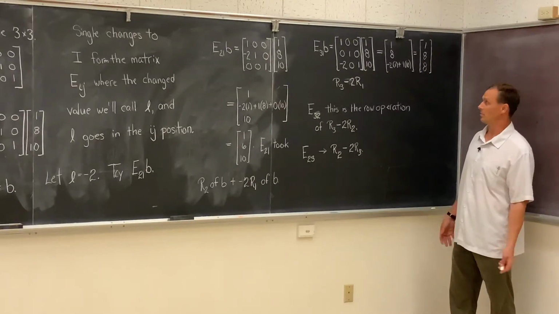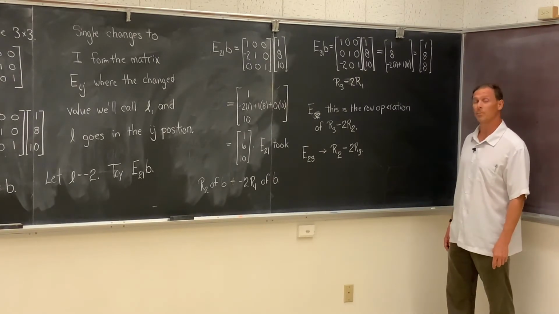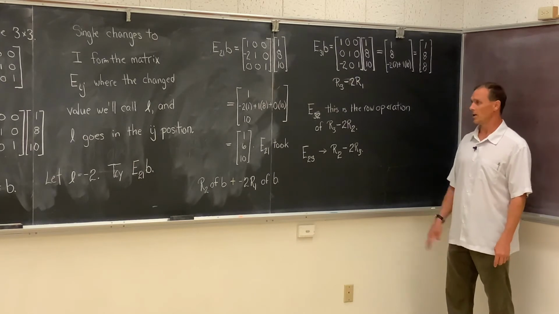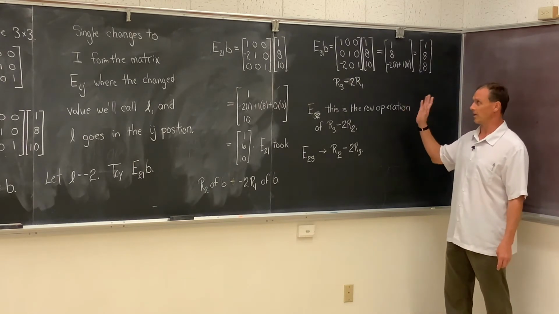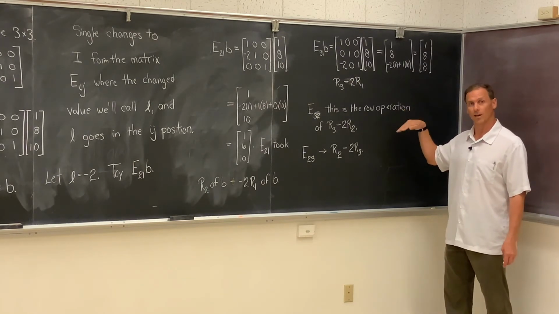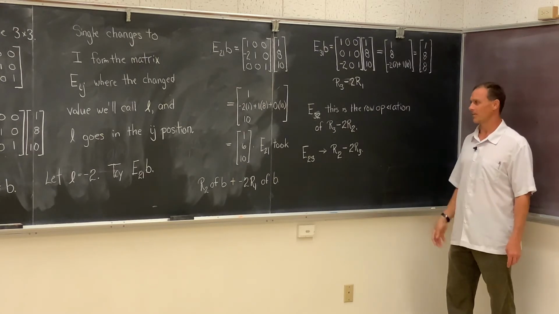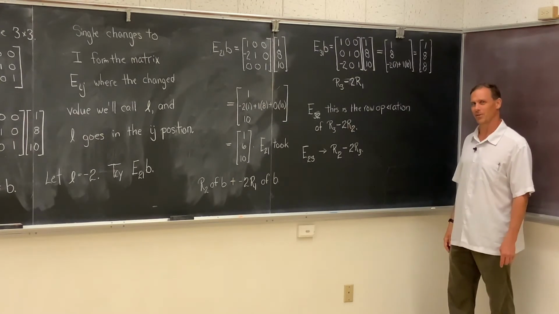So, I mean, we probably wouldn't do that very often, but we could. All we have to do is move L into different positions of E and effectively create row operations. I think we're ready to put this together.